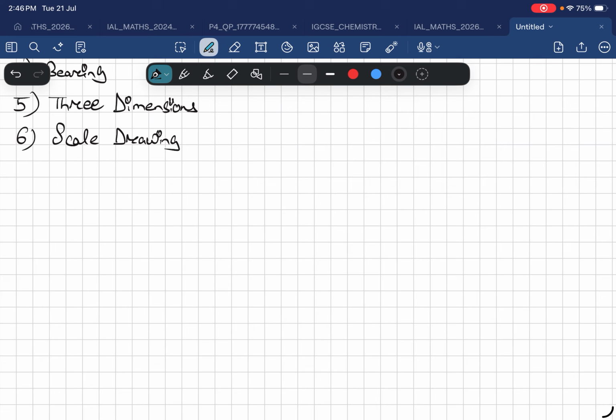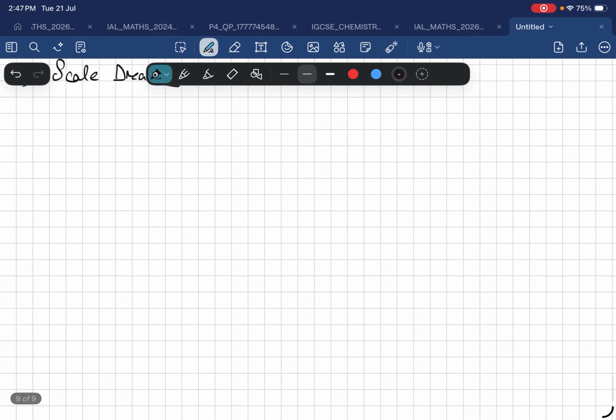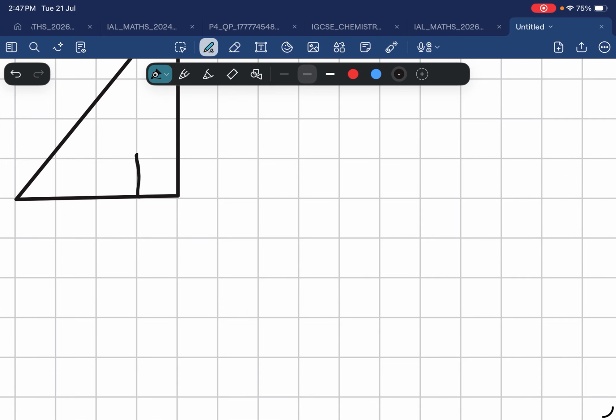Before that, we will learn basic trigonometric functions and stuff. First, this is the right angle triangle, because this is 90 degree.